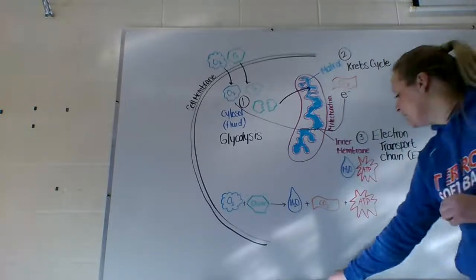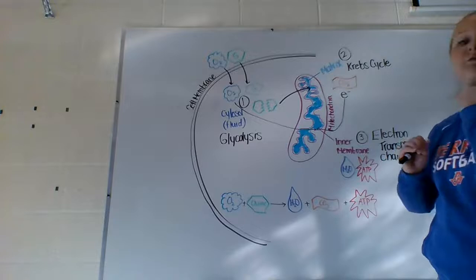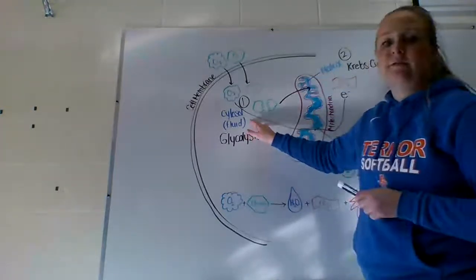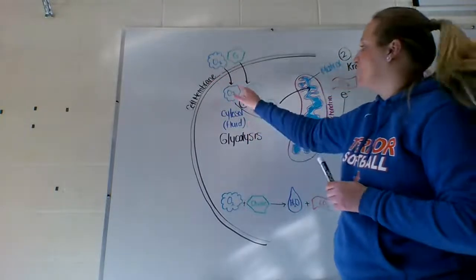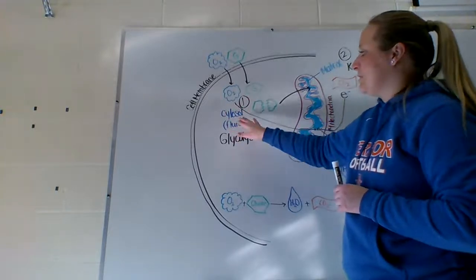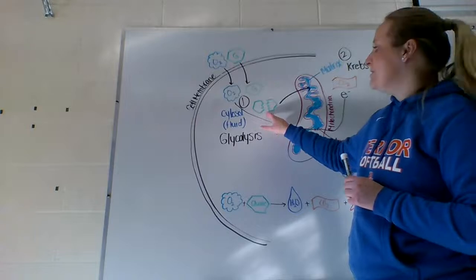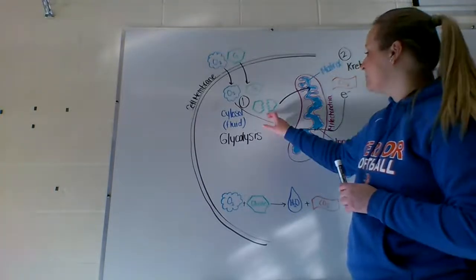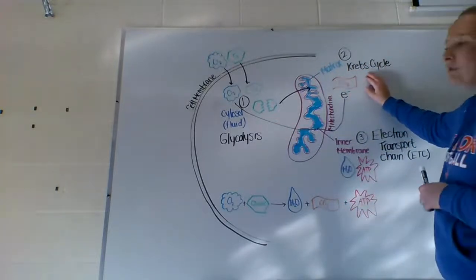I'm going to recap what happened here, and then we're going to go through the chemical equation together. Step one of cellular respiration, oxygen and glucose have to enter the cell. Once they come into contact with the cytosol, glucose is broken down into two pieces, called pyruvic acid. Next, step 2 is the Krebs cycle.